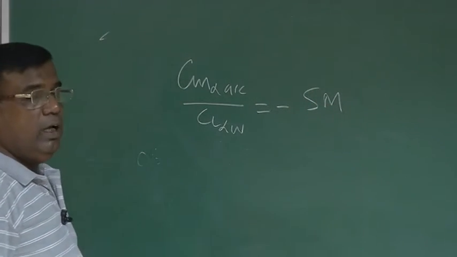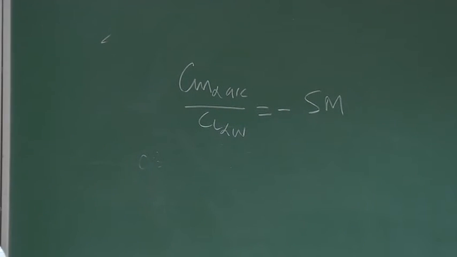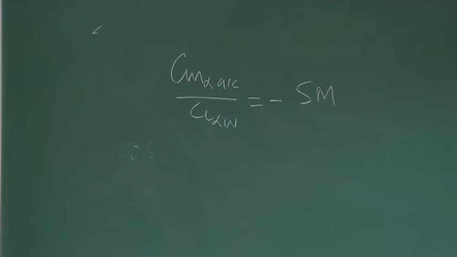Now if I do an approximation, this is where a designer plays an important role, right? Because we are trying to get the initial estimates. You know, what is the primary role of the wing? Generate lift. So it's obvious the CL alpha of the wing, based on the reference area, is the predominant CL alpha of the whole airplane.